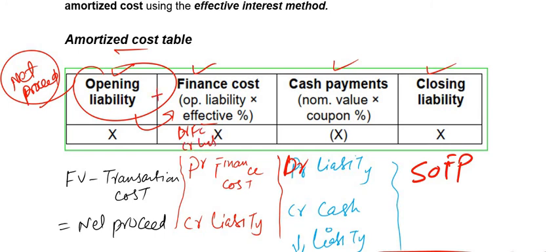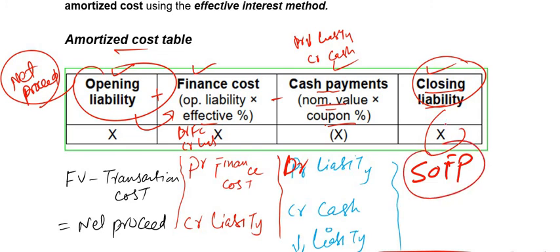Now when you add up opening liability plus finance cost, and you have to pay some cash payment, that will be the nominal value or coupon rate, and this cash payment will reduce your liability. So credit will be cash and debit will be the liability, and at the end you will have a closing liability, which will be part of the statement of financial position.